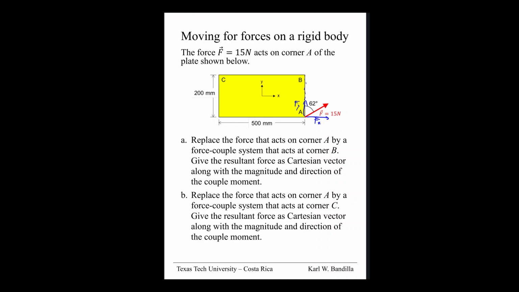Fy is not going to have a moment arm because its line of action goes straight through B. For Fx, the moment arm will be just this distance here, 200 millimeters, which is 0.2 meters.